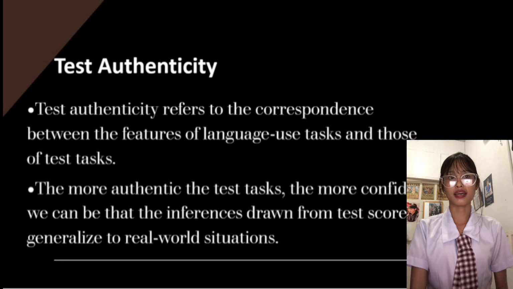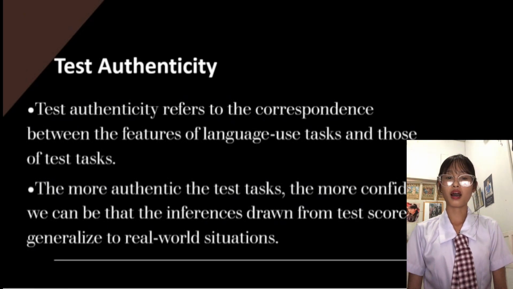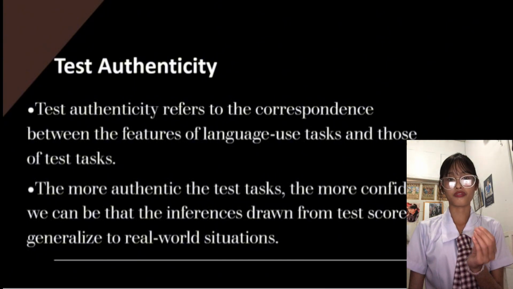Next is test authenticity. Test authenticity refers to the correspondence between the features of a language use task and those of test tasks. So this means that the test should reflect how language is used in the real world, not just focus on grammatical rules.